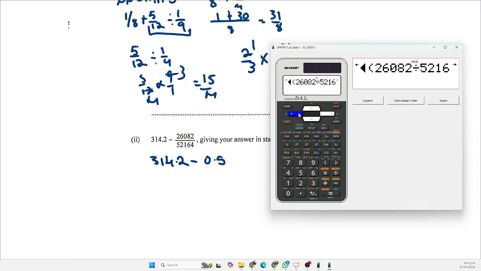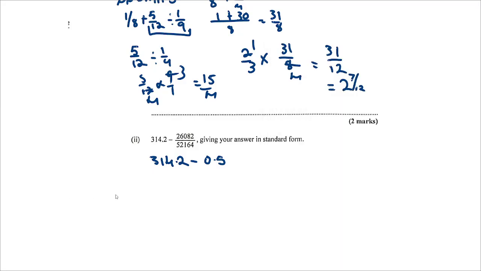Right, so let's check and see. So this is actually 0.5, and then when you subtract this from 314.2, you'll get your answer that you had above.